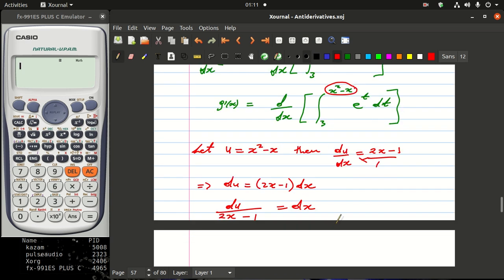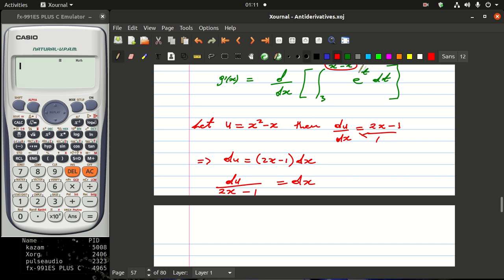So going back to this thing, we can actually see that now our g prime of x is simply going to be d. Instead of this dx here, I'm going to plug in that. Remember that I have a big division sign there. I will have du divided by 2x minus 1.